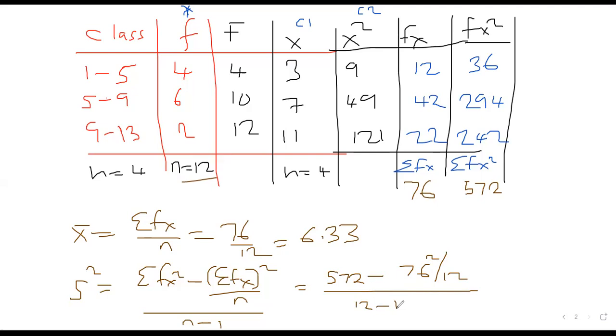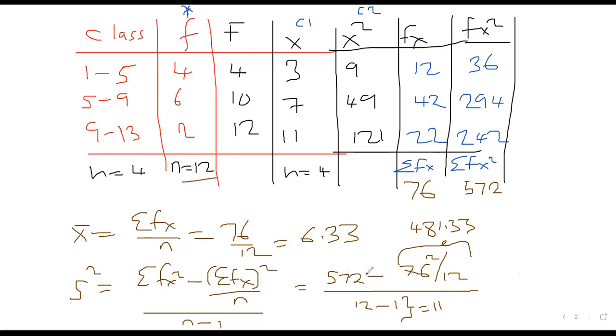So that is 76 squared divided by 12. You start from this part here, because the calculator may mislead you if you use BODMAS. So this alone gives you 481.33.